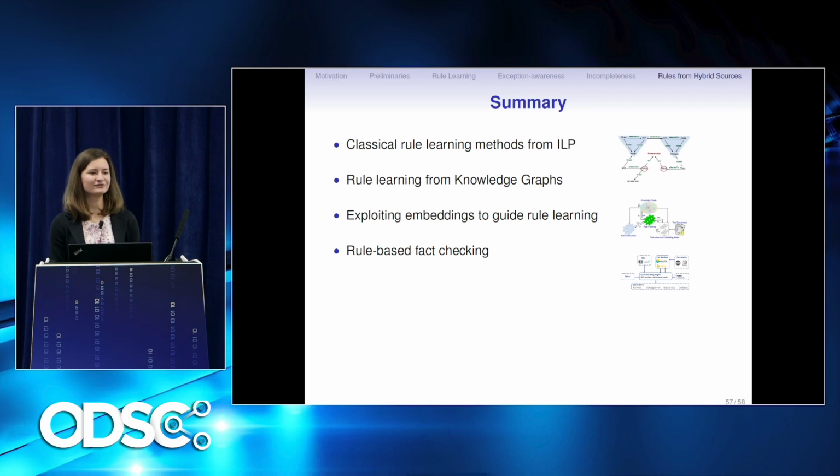Approaches for learning rules from knowledge graphs that not only exploit the search space to get the positive rules, but also incorporate exceptions in the rules that are learned. And we considered some of the further applications for rule-based fact-checking that allows one to exploit rules in the reasoning process to estimate the truthfulness of the fact and also aggregating information over structured and unstructured resources.